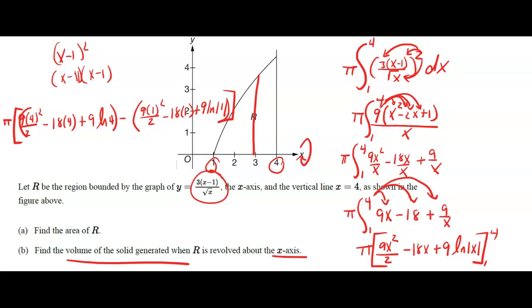And I don't have to simplify this because this is an FRQ, and I am done. All right, so that would be it.